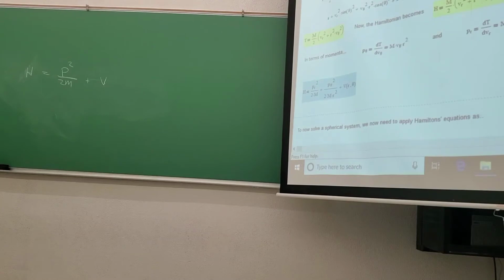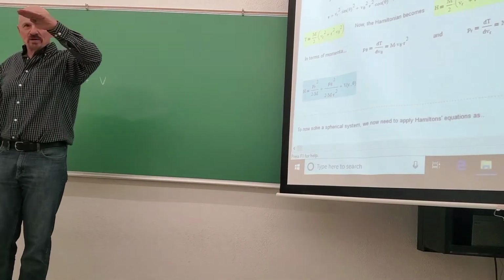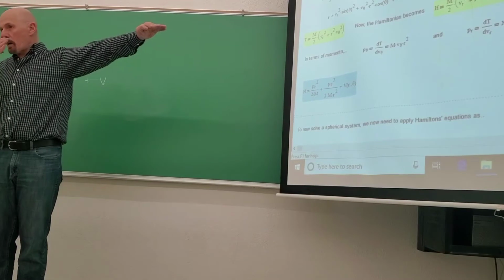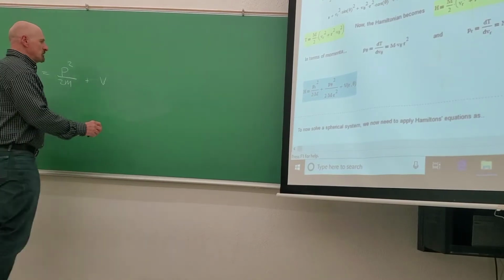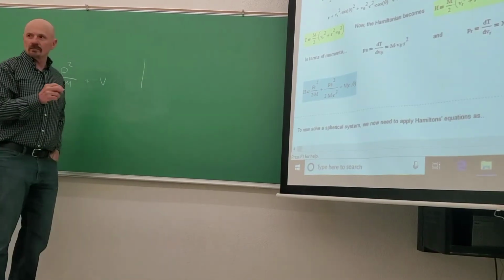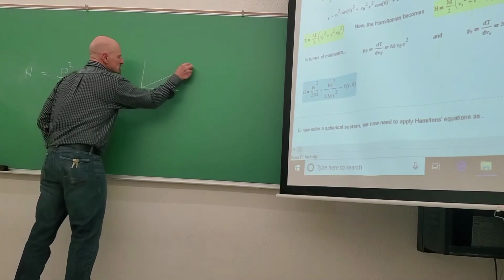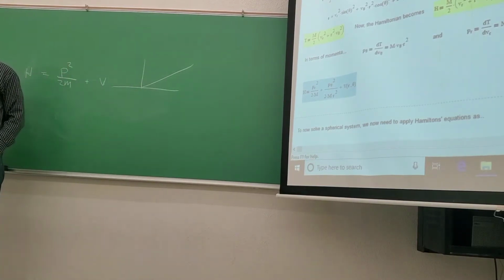Yes? When you say potential energy is constant, what does that mean? Constant throughout the entire system within boundary conditions? Are you talking about the web exam? Yeah. For the web exam, I said you have a uniform potential energy that goes to infinity and never changes. If I had done this, and I could give you a potential that looks like that, now that potential energy is varying with position.